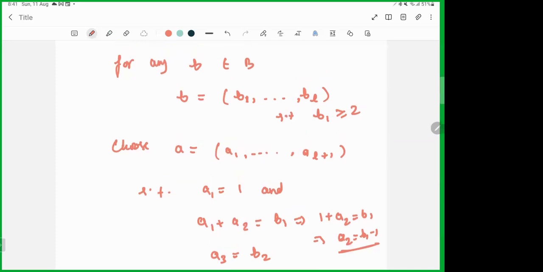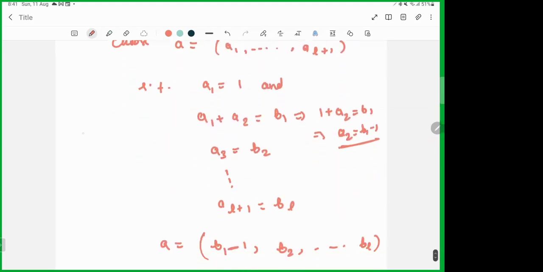What do you want to say? Sir, I'm saying that whatever b1 is, whatever the largest number for b1 is, that is getting mapped to a number less than that.